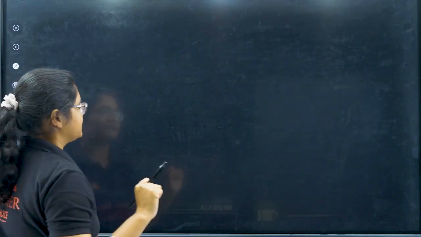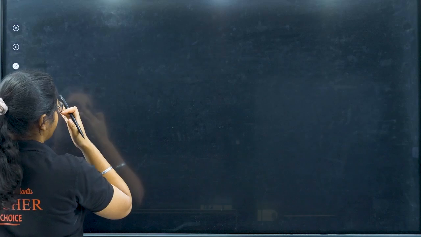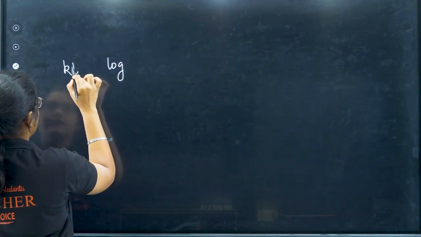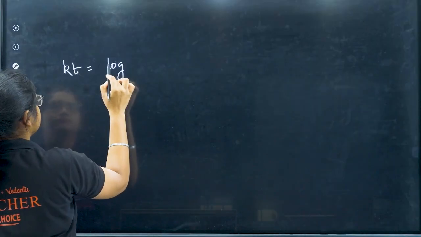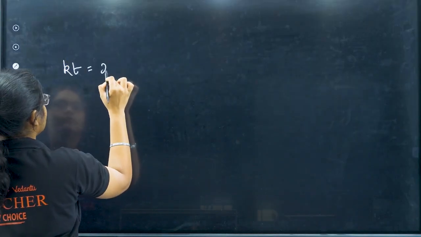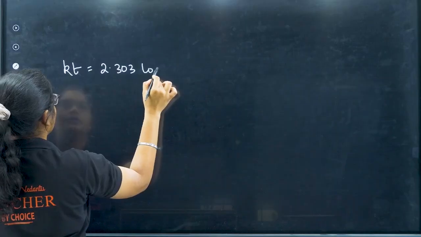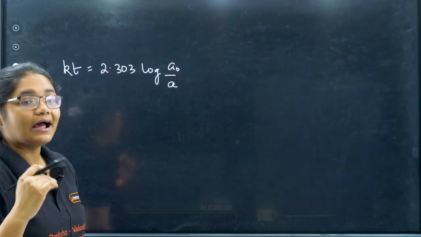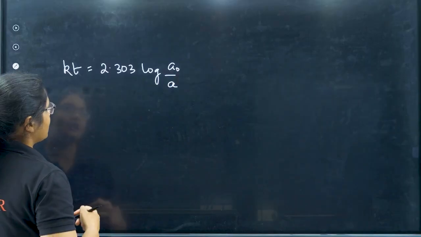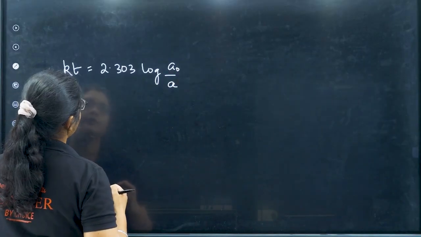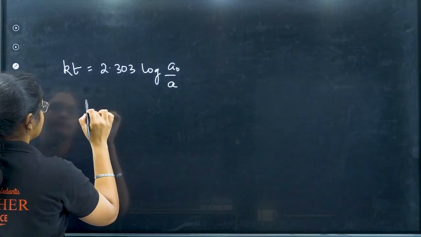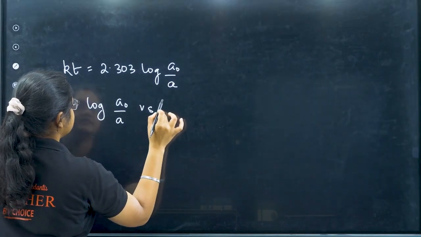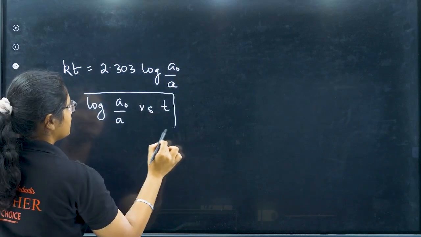Suppose you have a term like this, kt is equal to 2.303 log of a naught by a. This is an equation given to you, and I want you to plot a graph for log a naught by a versus t. You have to draw this graph.